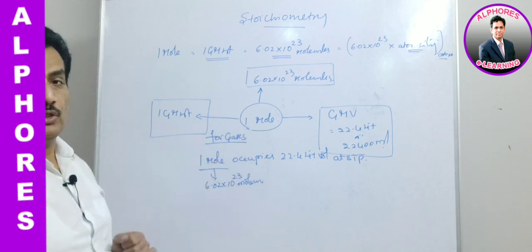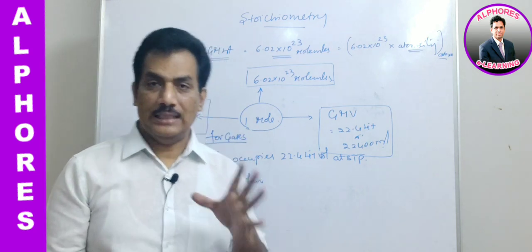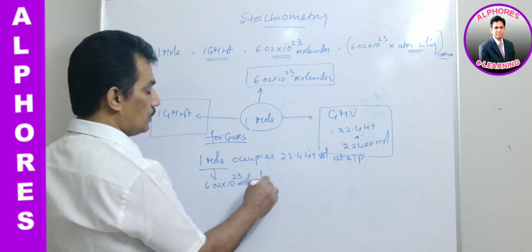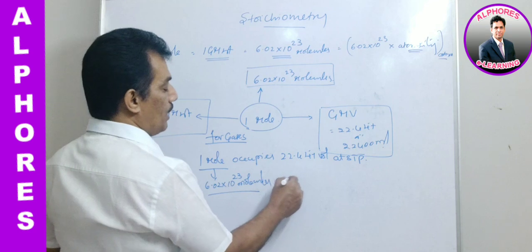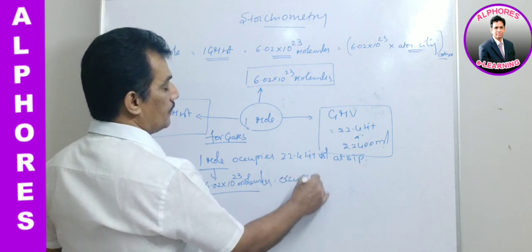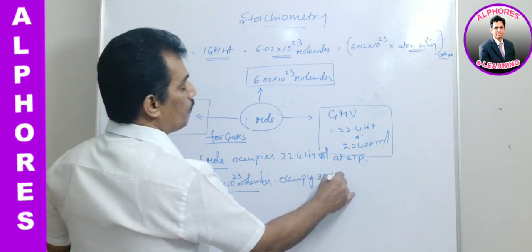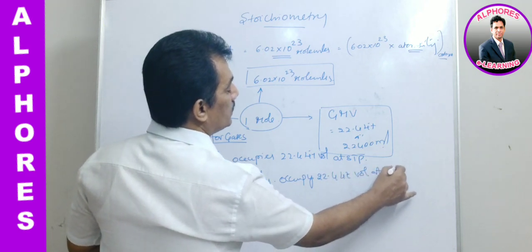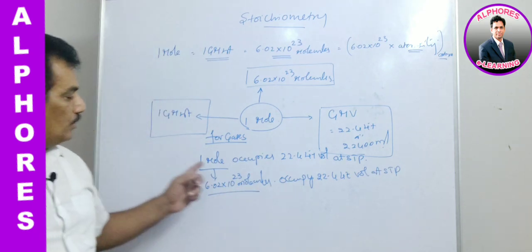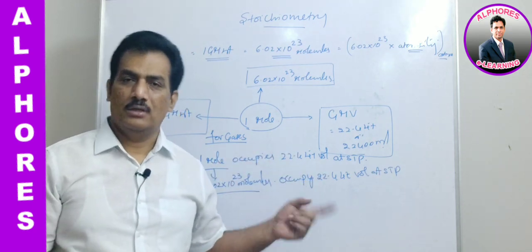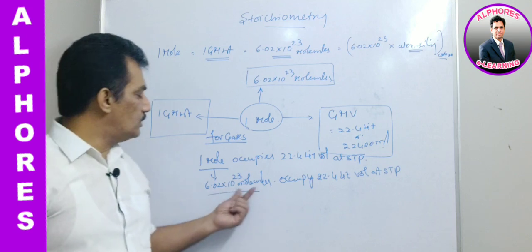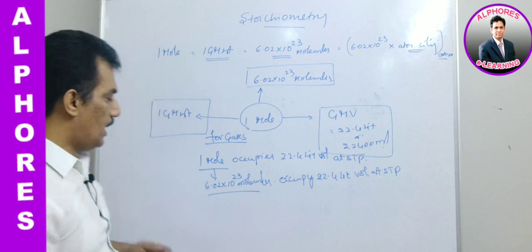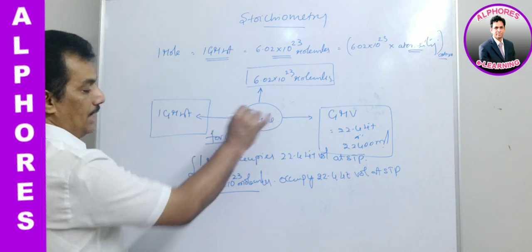The relation of moles with volume is only for gases. So this number of molecules occupies 22.4 liters volume at STP. When 1 mole occupies 22.4 liters, it directly means that this number of molecules occupies 22.4 liters. Clear? And now these two are fixed for all gases.